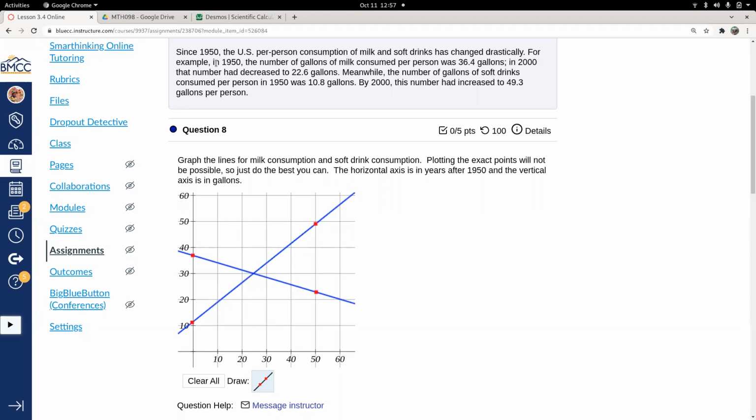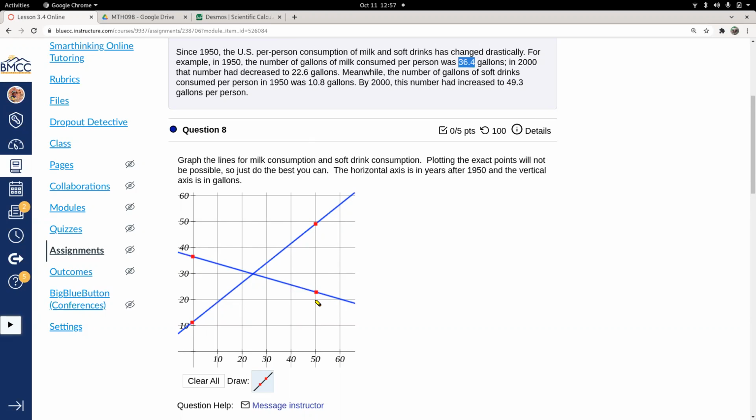So let's see, up here, 1950, milk was 36.4 and 35, 36, that looks a touch high. I'm going to move it down a bit, maybe there. Looks better. And sometimes these are picky about your points, sometimes they're not. And then in 2000, 22.6.